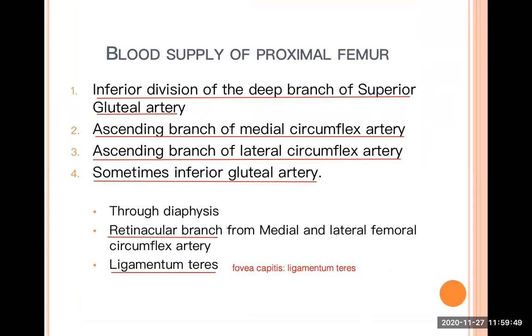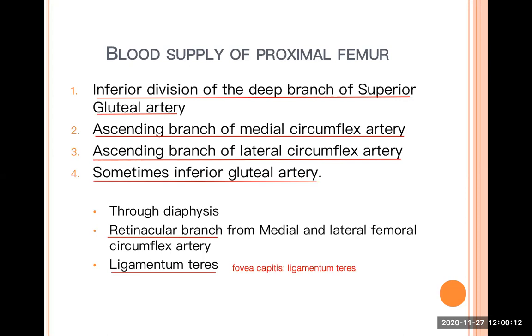Very good. Now the answers are coming. It is almost at the center of the shaft or diaphysis. There is a small foramen known as nutrient foramen, and there enters the nutrient artery. After entering into the bone, when it reaches the medullary cavity, it will divide into two branches. One is ascending up and one is descending down.